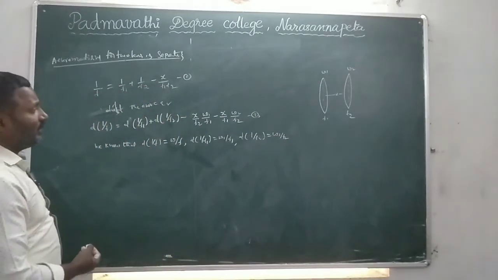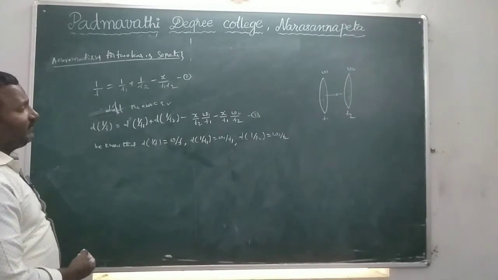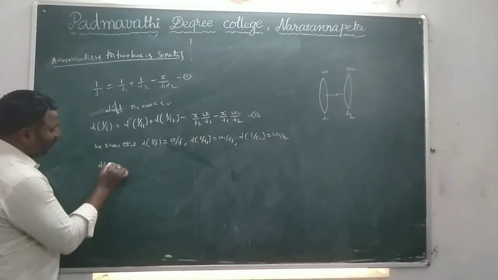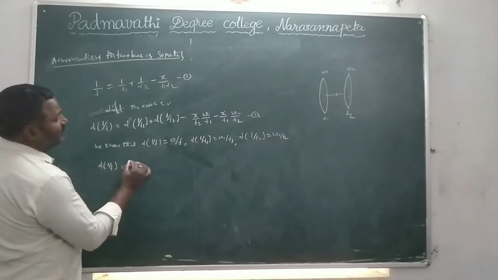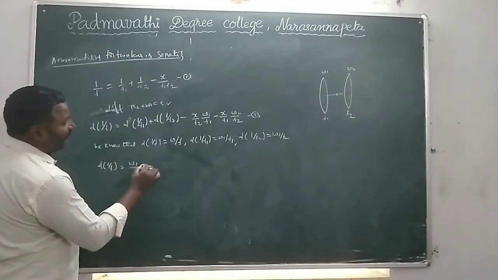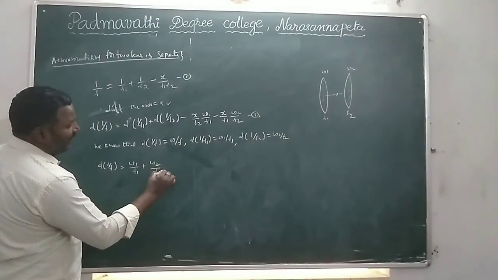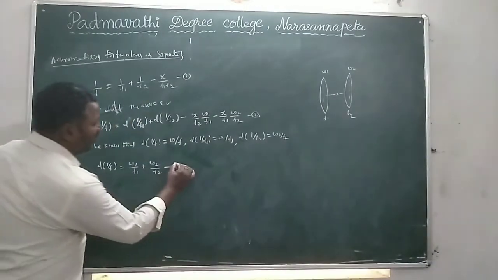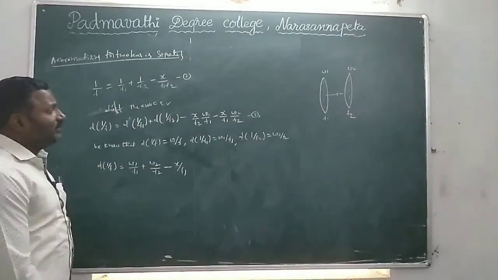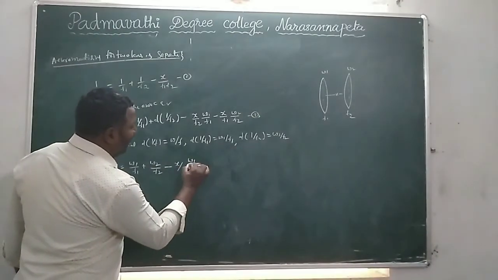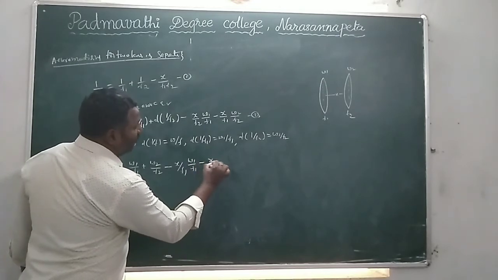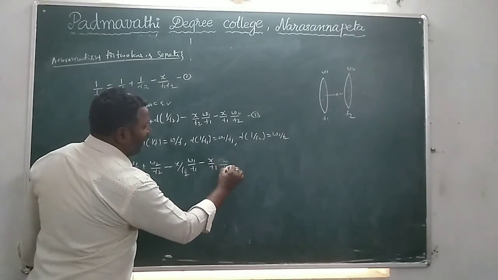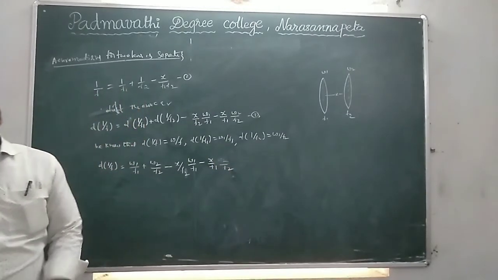So in this way we can write d(1 by f) equals omega 1 by f1 plus omega 2 by f2 minus x by f2 into omega 1 by f1 minus x by f1 into omega 2 by f2.